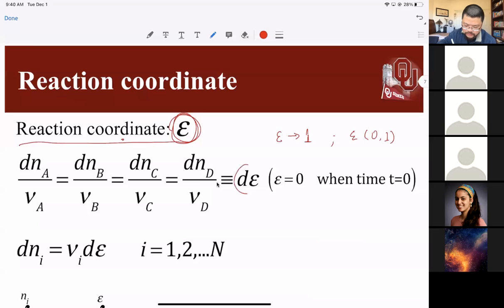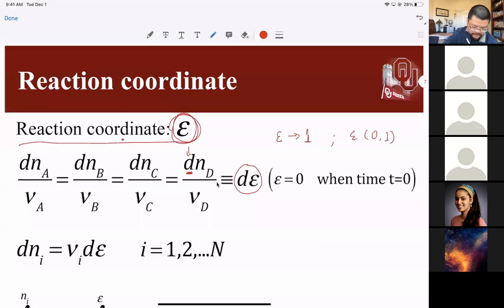And that is a very small change because we are looking at a small change. d means a small change of the components. So if we now have this very general descriptor for this single reaction, then we can describe all the components and their changes as a function of that epsilon, right?